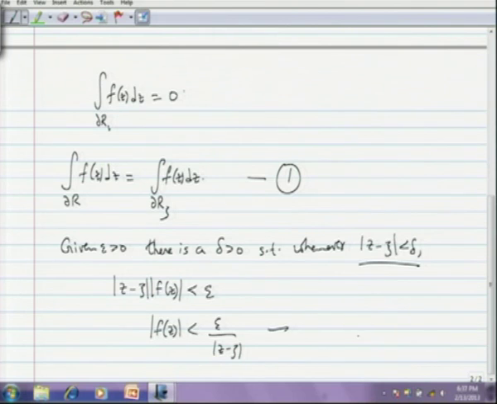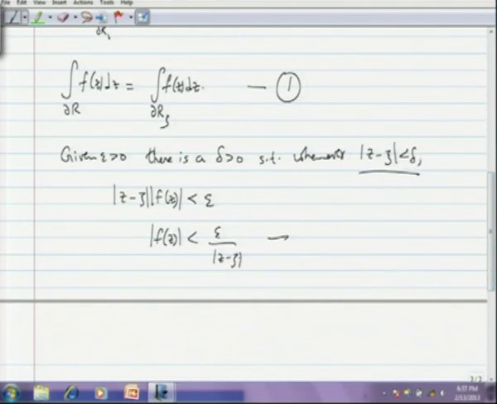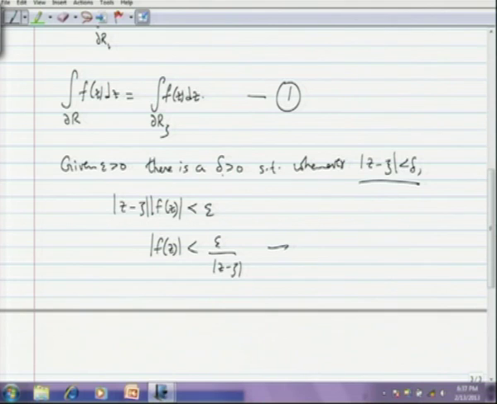So, given epsilon, I can choose this delta so that 2 occurs.